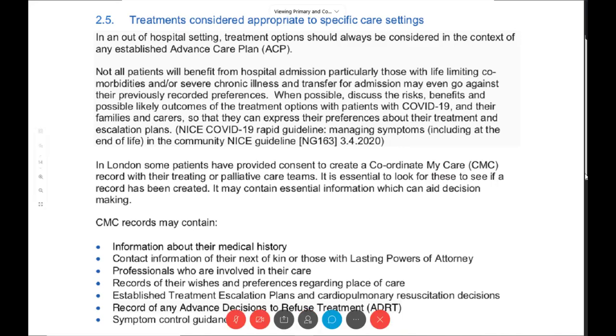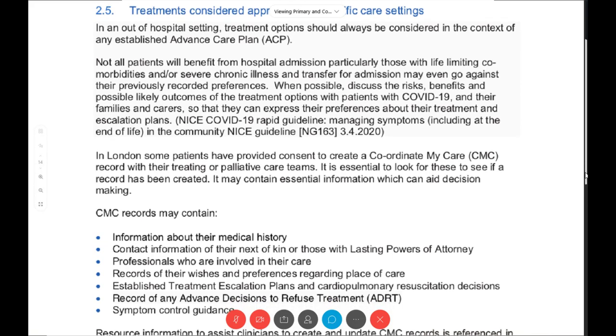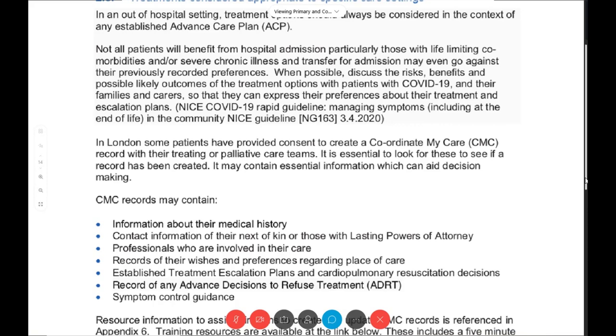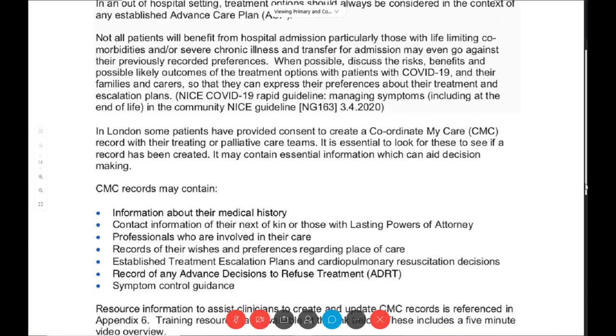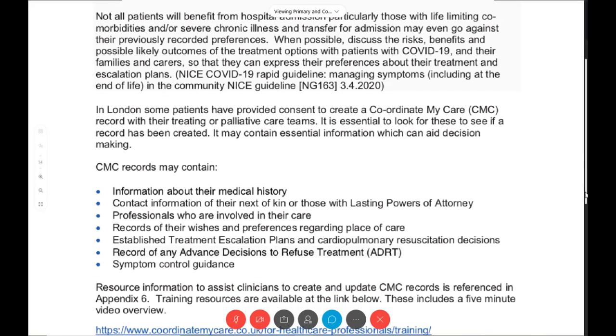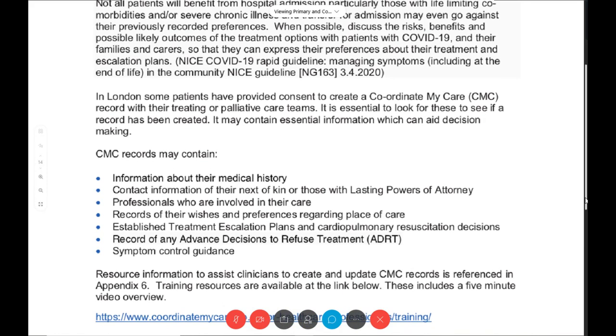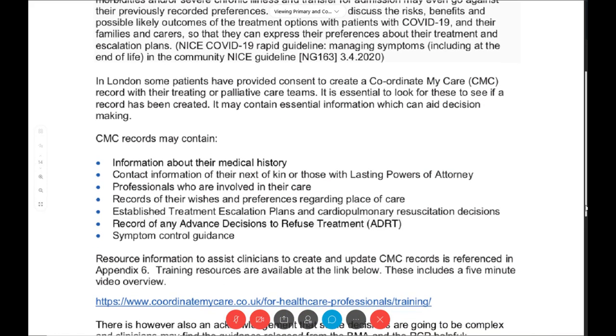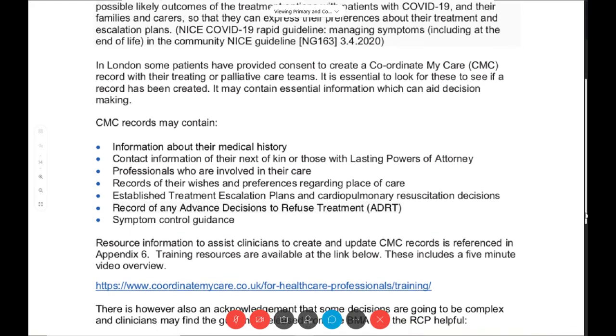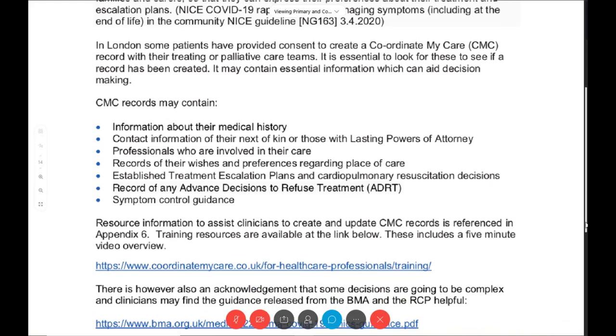If you are aware that they may not be suitable for resuscitation or for ventilation if they are admitted to hospital, then some patients are actually quite happy to be managed at home. So it's very important, I think, to establish this and make an advanced care plan for them.